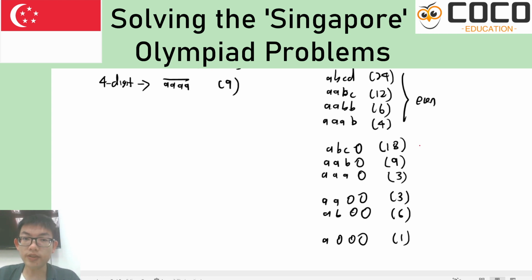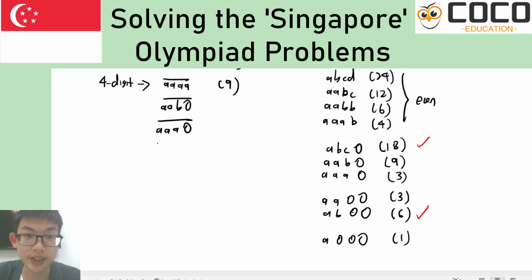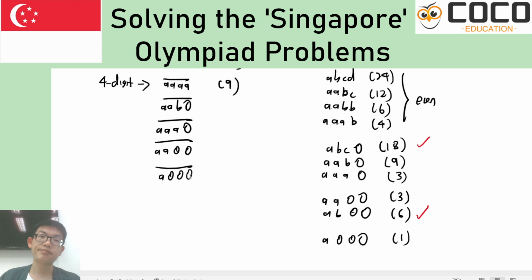So this one's even and this one's even, but for the rest of these, they are going to give you an odd number of arrangements. And an odd number of arrangements just means that there will be one left over. So we need to count all of these. Which is why this question is a very, very mistake-prone kind of a question that is more likely to be in the SMO Open than the SMO Senior, I would say.